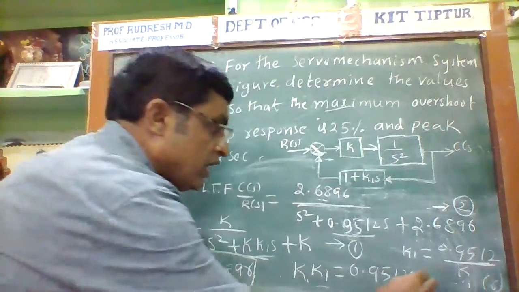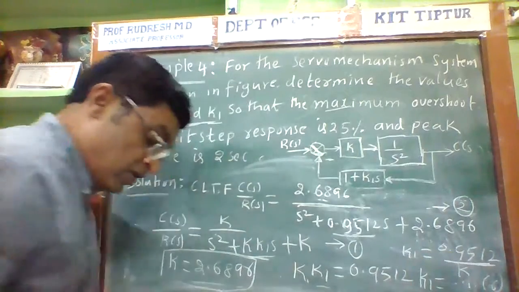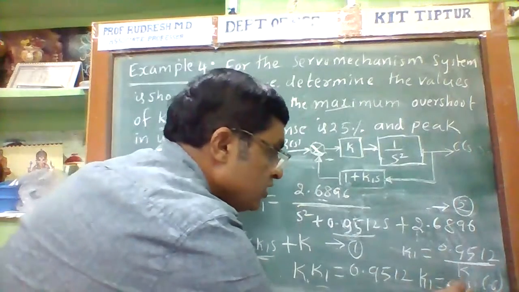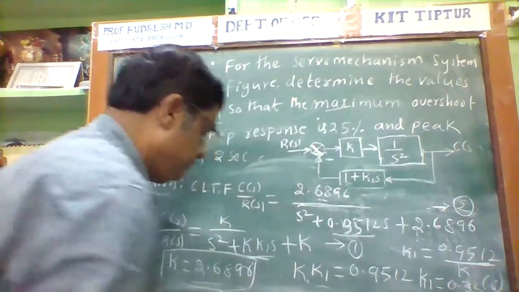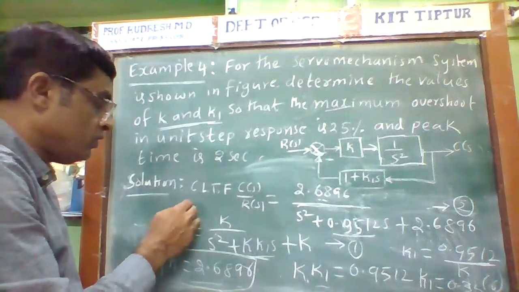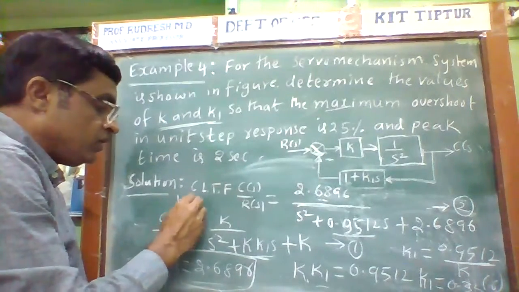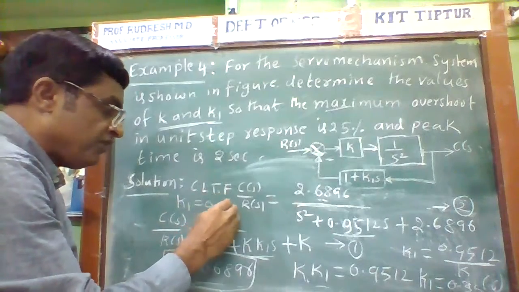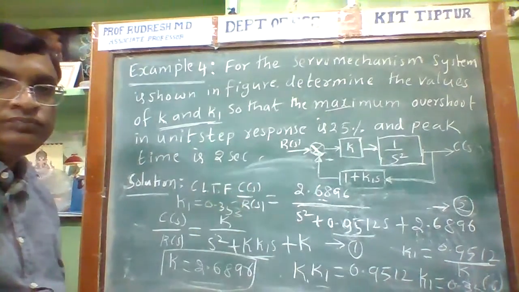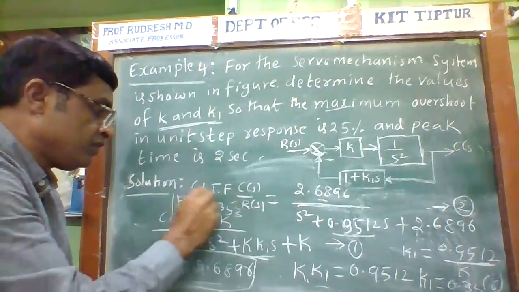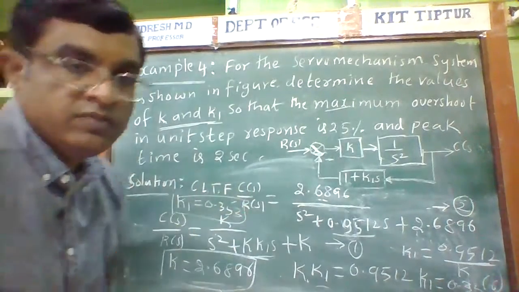If I substitute the K value, K1 is equal to 0.353.